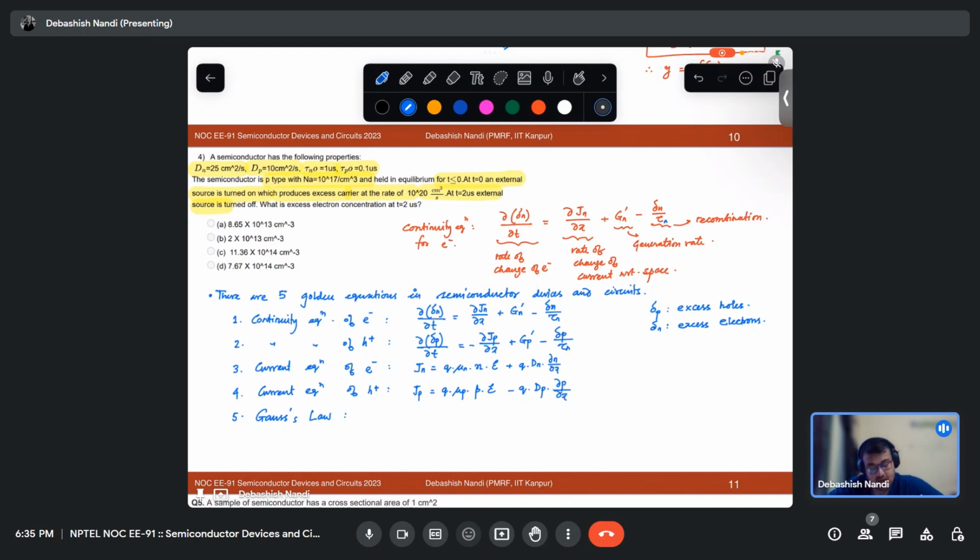And what is your Gauss law, by the way? Gauss law is this, right? dE/dx = rho/epsilon, where rho is charge density. And what is rho? Rho is equal to q times (p + ND+ - n - NA-).